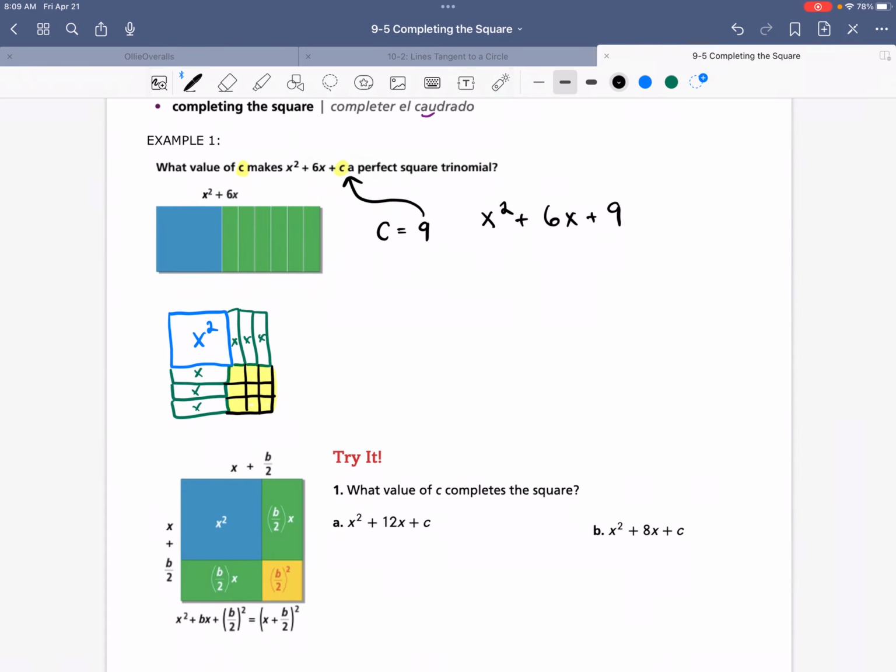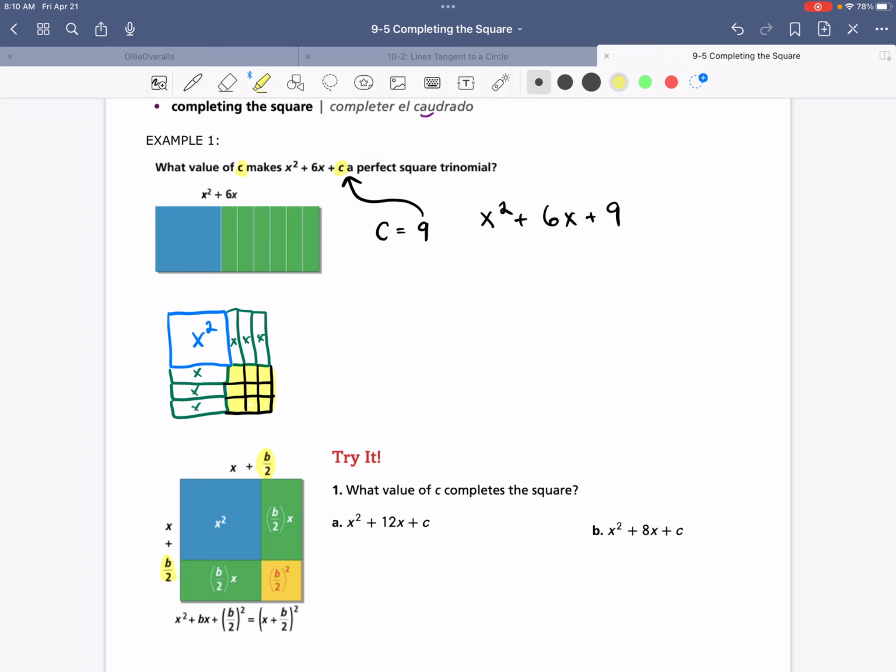And then there is a theorem for this that says that x squared plus bx plus b over 2 squared is equal to x plus b over 2 squared.